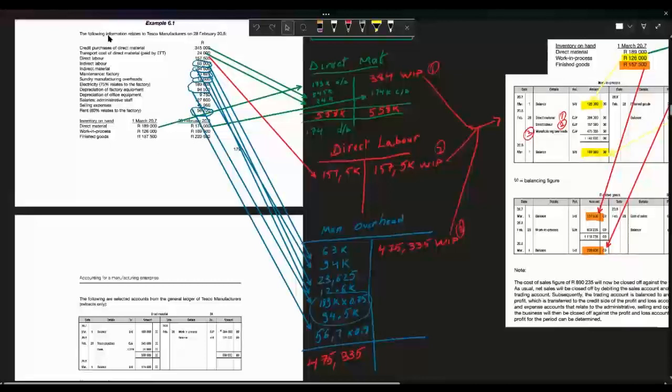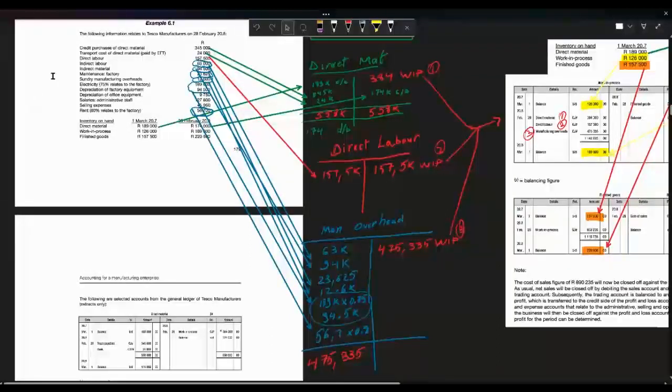As you can see, I have battered you with all these arrows, but they are important for you to see that I am taking every line of this example to understand where it fits. For example, the credit purchase for direct material, this speaks to the direct material. For example, transportation cost of direct material, this will speak to the direct material account. All right, so that's what this means.